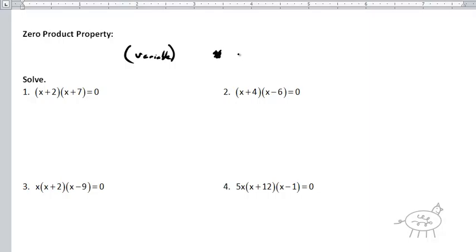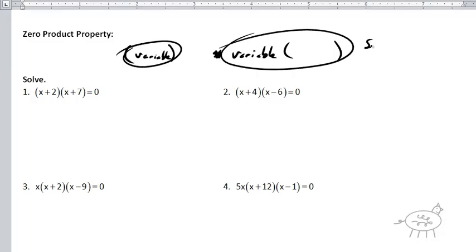So one of these two, a variable inside or a variable outside: if it's inside, you set the expression in the parenthesis, or just the variable if it's on the outside, equal to 0, and solve for the variable.